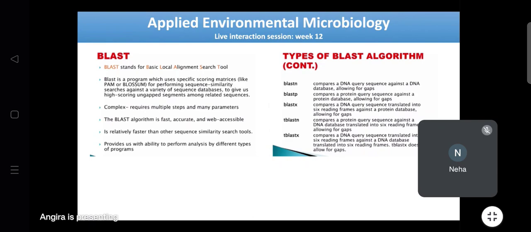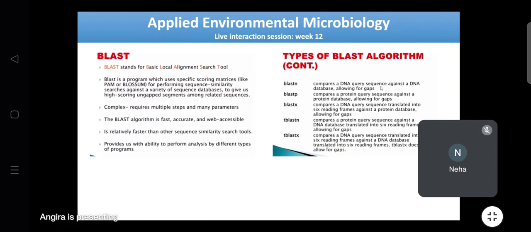Depending upon the type of comparison that you have to do, BLAST can be divided into the following. The first is BLASTN. What happens in BLASTN? It compares a DNA query sequence against a DNA database, allowing for gaps. Gaps are the parts of the nucleotide sequence that do not match.